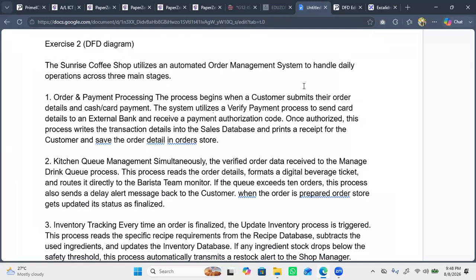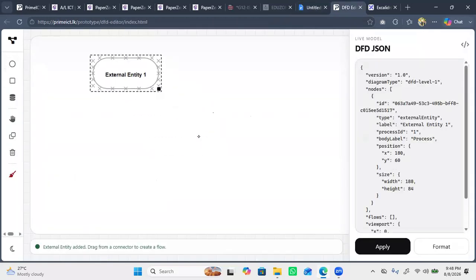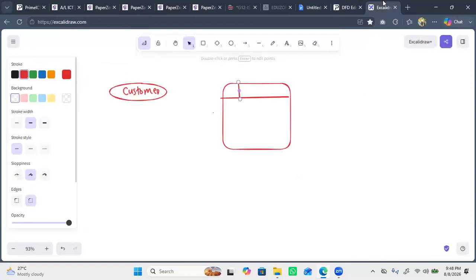Processing begins when the customer submits their order. I will first of all draw an external entity as customer. My first one is the external entity, customer. Then what's the next thing?